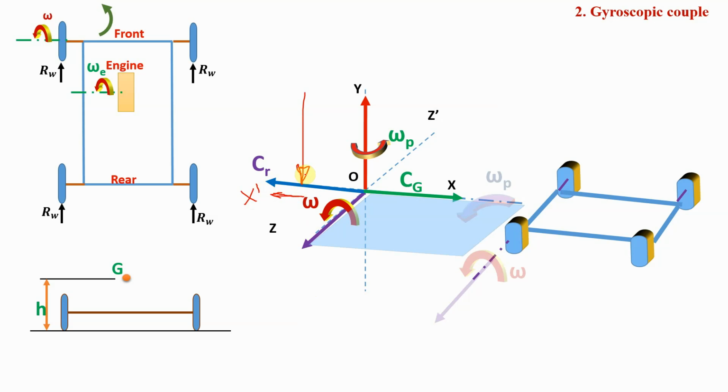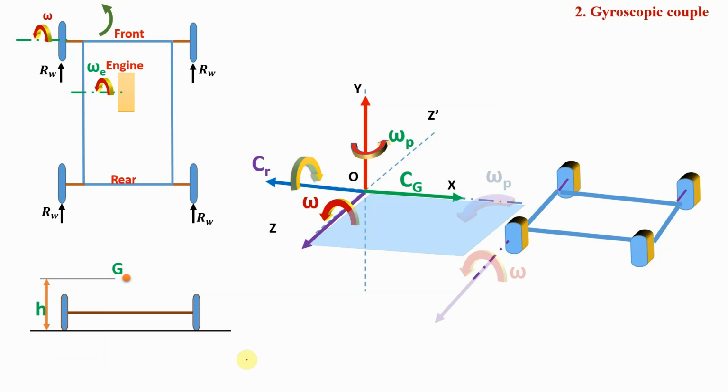Now when we hold this vector CR in right hand, your fingers will be curved this way, and that is the sense of CR. Okay, so this is the sense of CR according to right hand rule.